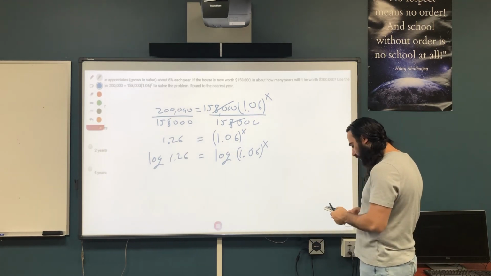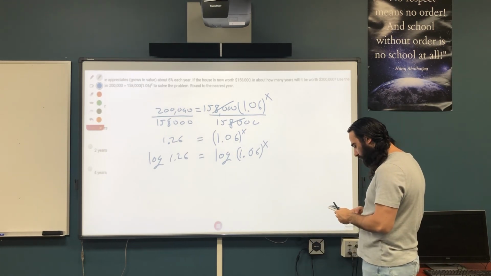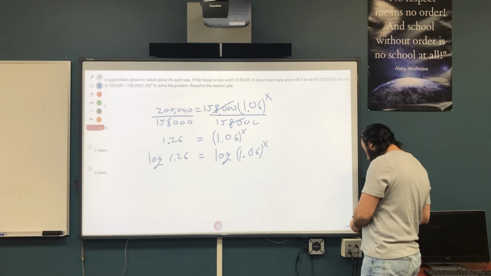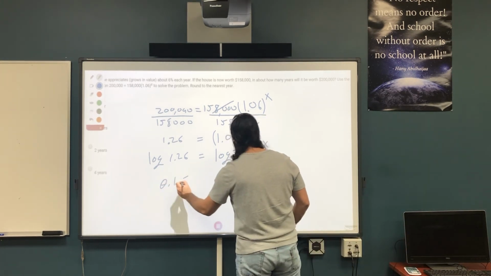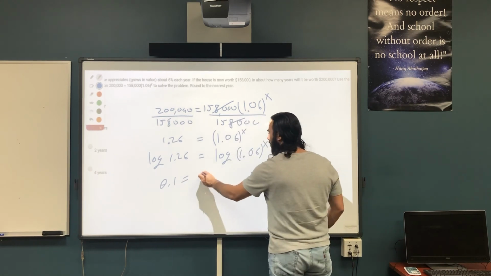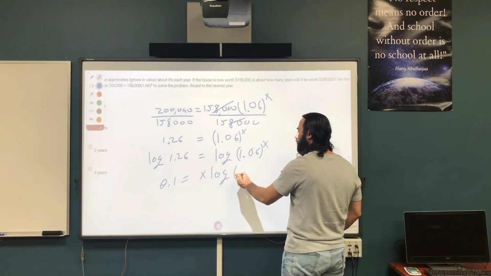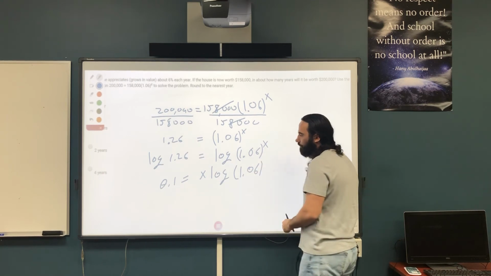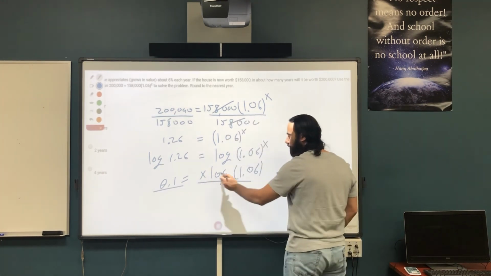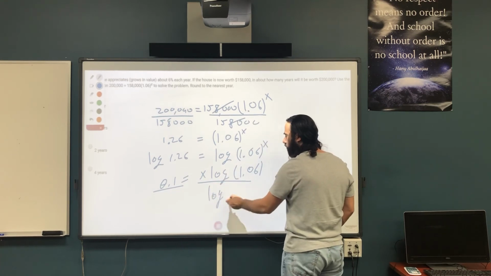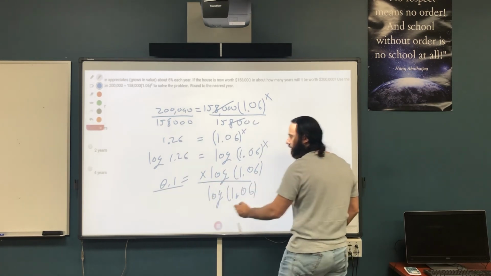Log 1.26 is going to be 0.10, so 0.1 equals x times log 1.06. Now we need to isolate x, so we divide by log 1.06 on both sides.